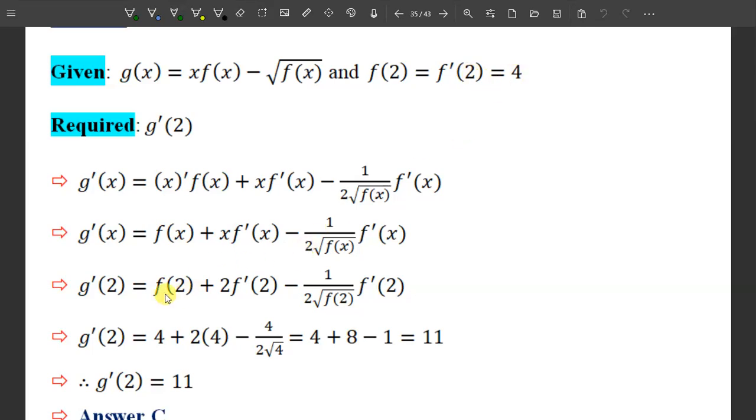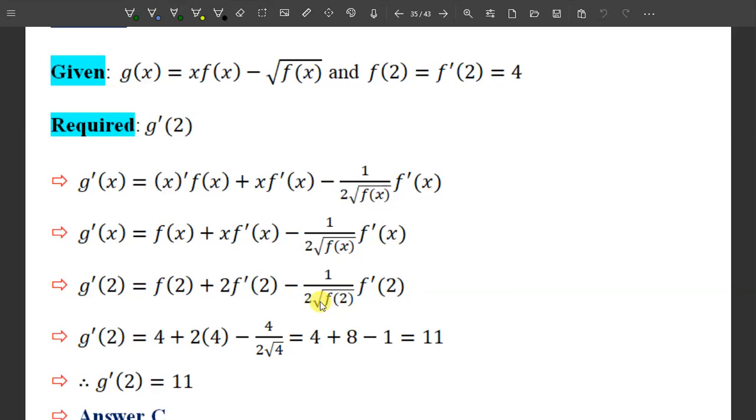And therefore here, f of 2 means it is 4, plus 2 times f prime of 2, which is also 4. 2 times 4, it is 8, minus f prime of 2, again it is 4, over 2 times the square root of f of 2, this is also 4.